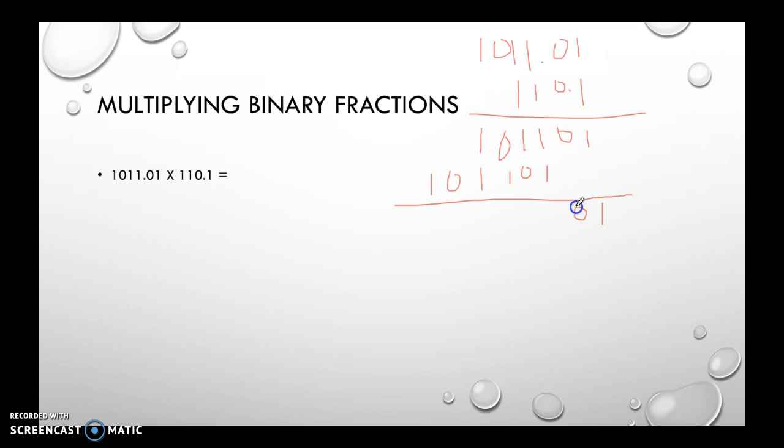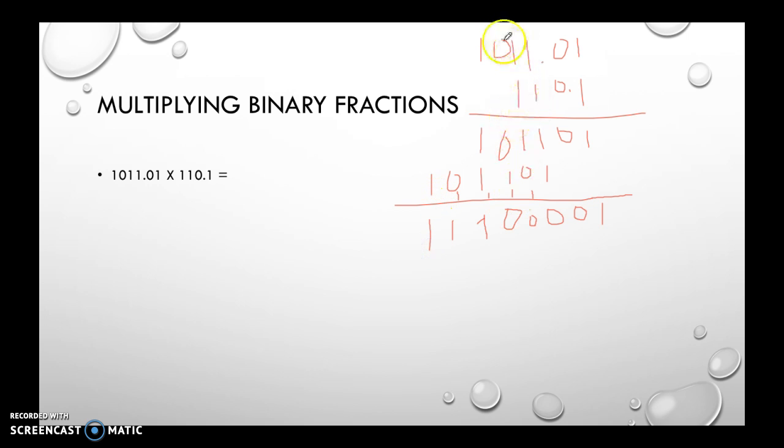It's 1, 0, 1 plus 1 is a 0, and we carry the 1. 1 plus 1 is a 0, carry the 1. 1 plus 1 is a 0, carry the 1. 1 plus 1 plus 1 is a 1. So we carry the 1 here, and it's still a 1 and 1.